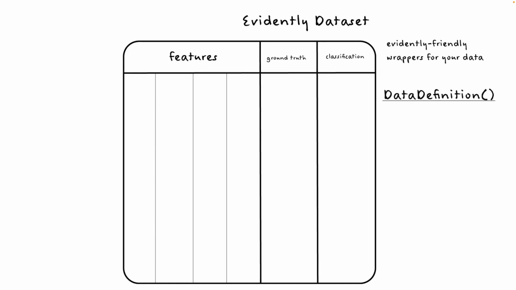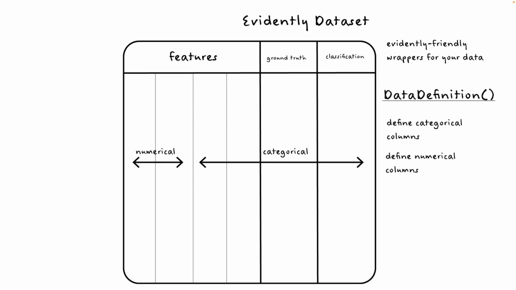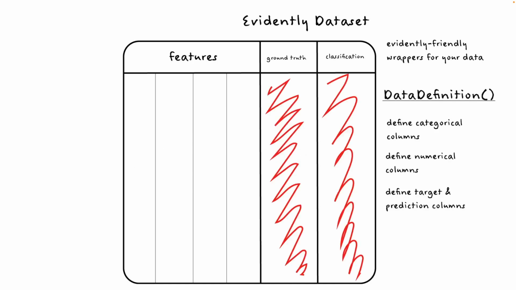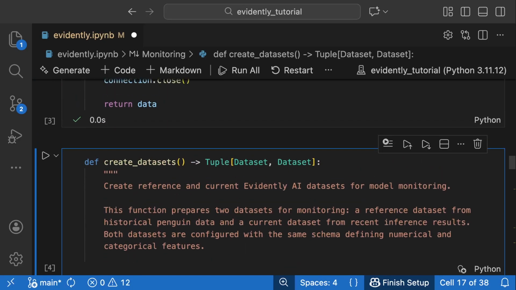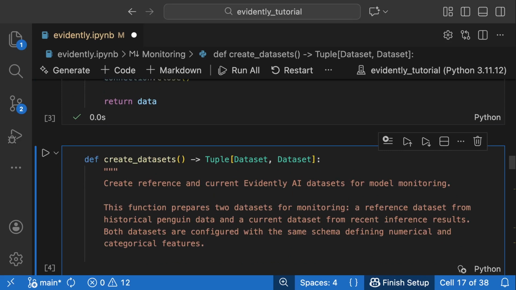Within the data definition class, we define which columns are categorical, which columns are numerical, our ground truth and classification columns, and we also tell Evidently whether our task is a multi-class classification task, binary classification task, or a regression task.